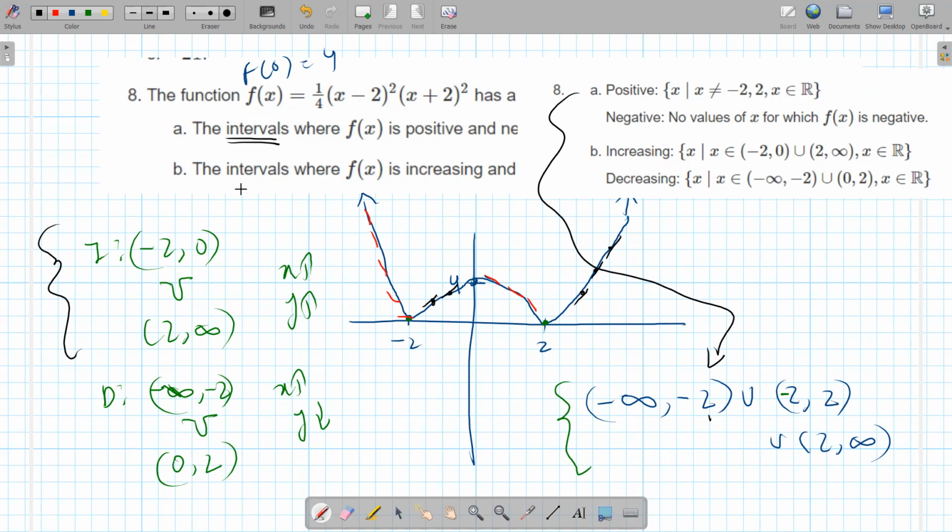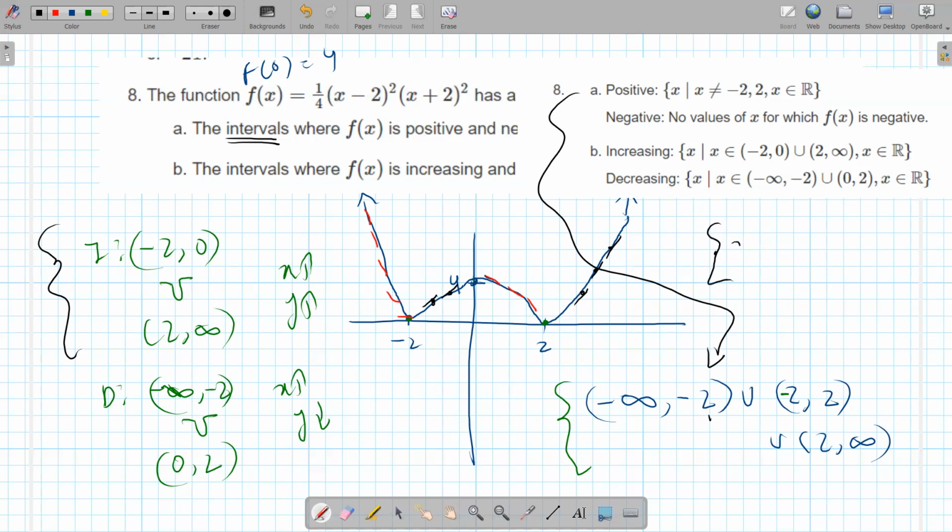So it won't be square brackets? Exactly, round brackets. And like we usually do the curly bracket, and then x ∈ ℝ and then a line. Would you write x cannot equal -2 to 2? Yeah, exactly.